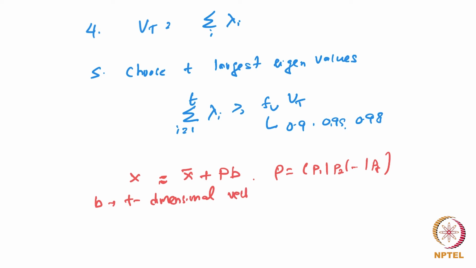And how did we get b? In the example case, we got this f1 prime by projecting an arbitrary point onto the f1 prime axis. So similarly, we would have to project any arbitrary x onto the t axes, and that is done by the following expression: P transpose (x minus x bar).